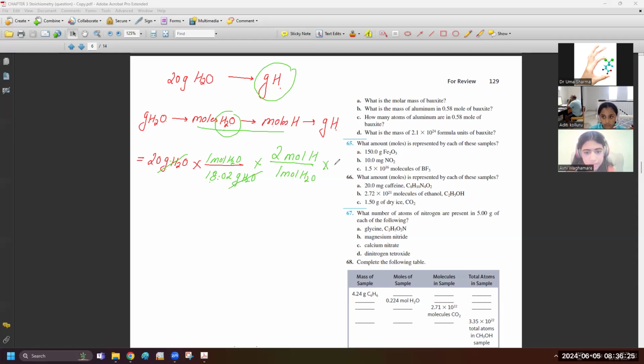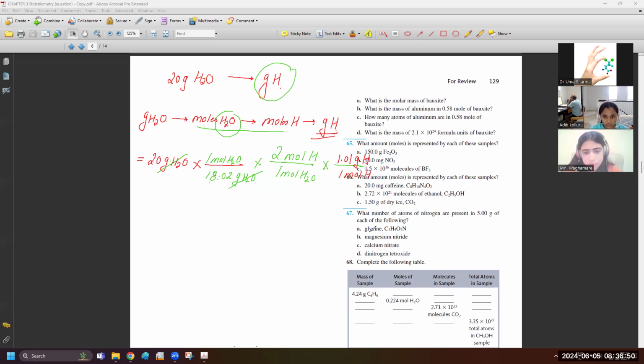Then next ratio. I want grams, to convert moles to grams. Look at the periodic table. So what should I plug in the numerator? 1.01 grams hydrogen over 1 mole.